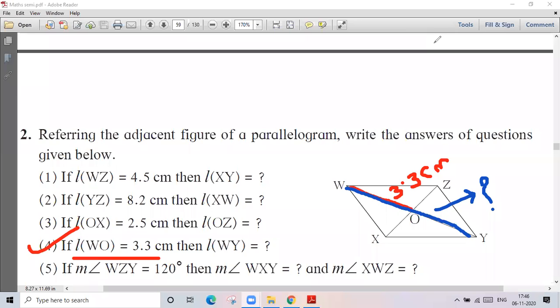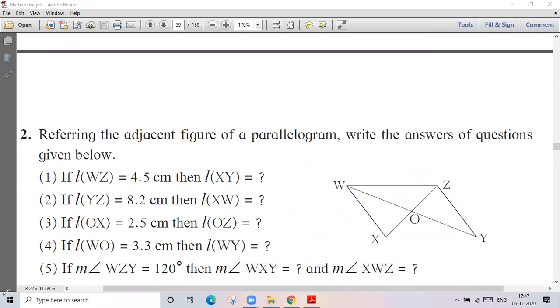Total length is WY. Diagonals of a parallelogram bisect each other. That means WY is equal to twice the length of OW. That is 2 into 3.3 is equal to 6.6 centimeter. So WY is 6.6 centimeter.